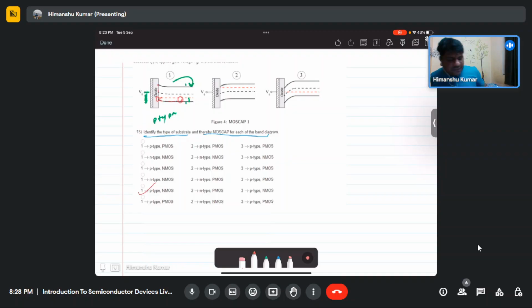So by applying a negative voltage, there is accumulation of holes. Applying a positive voltage, there will be electrons in the inversion layer. So the first option is the substrate is p type and the capacitor is NMOS. NMOS has a p type substrate.